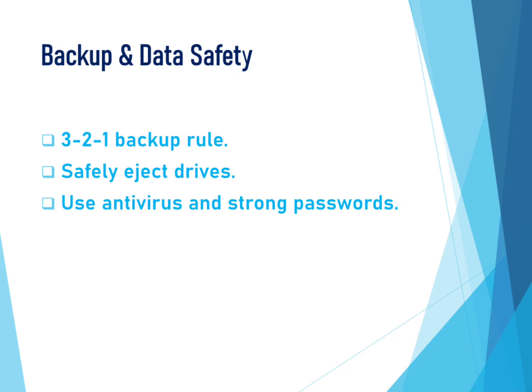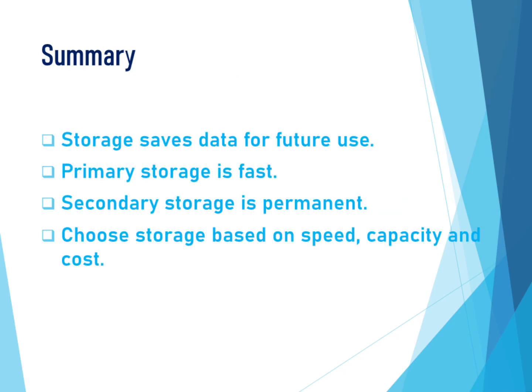Okay, so let's have an overview of what we have learned today. Let's quickly revise today's lesson. Storage devices save data for future use. Primary storage includes RAM, ROM, and cache memories. Secondary storage includes HDDs, SSDs, USB drives, memory cards, optical disks, external drives, and cloud storage.